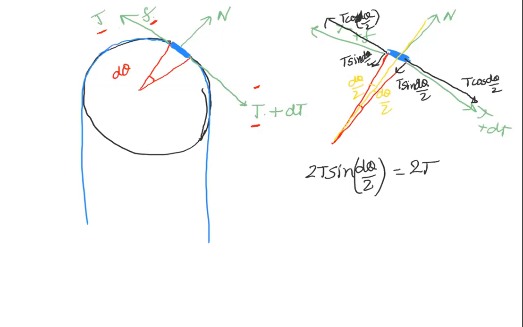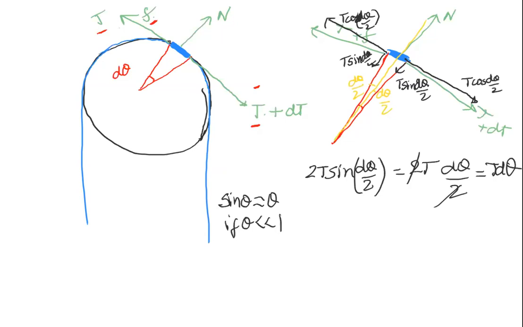They are parallel to the yellow line. So this will be 2T d theta by 2, which is equal to T d theta. This is equal to T d theta. The 2 and 2 cancel. What did I use here? Sin theta is almost equal to theta if theta is very, very small.